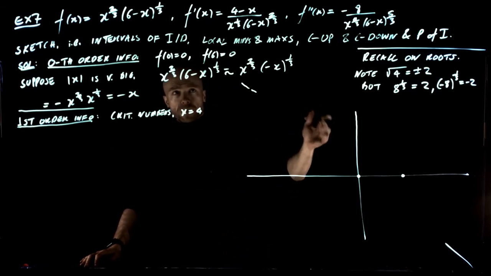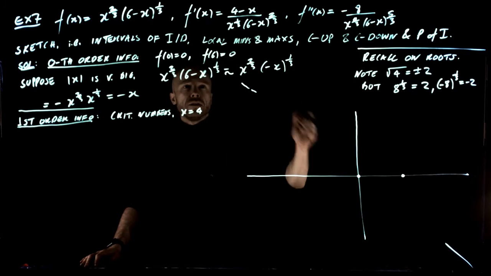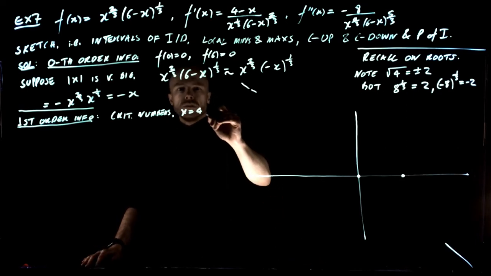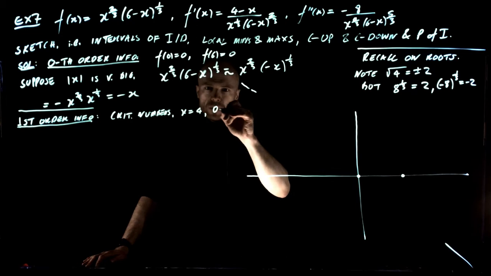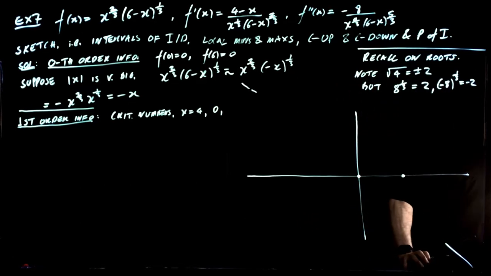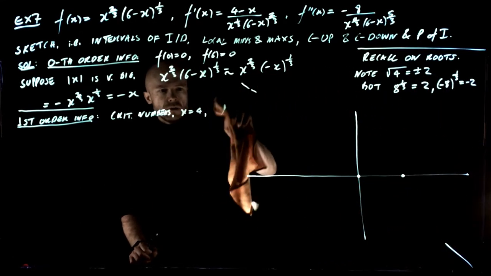So it's going to blow up to infinity if we approach from the right-hand side, and blow up to negative infinity if we approach from the left, right? Either way, it's definitely not existing at 0. So we have a critical number at x equals 0. Critical number x equals 4, comma 0.